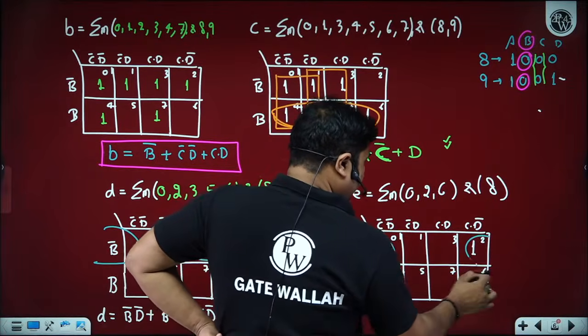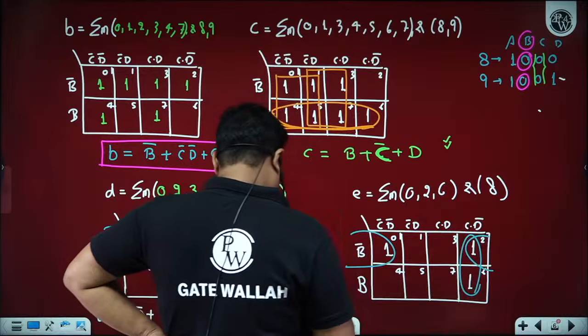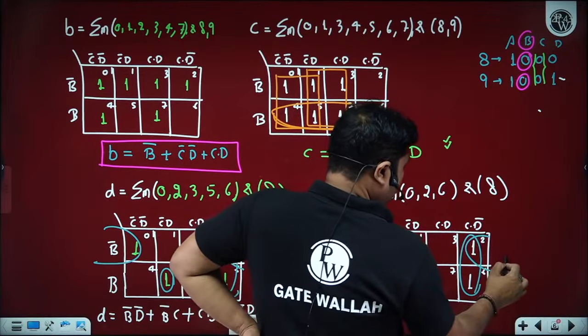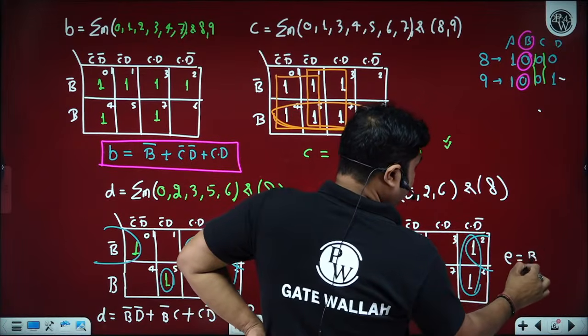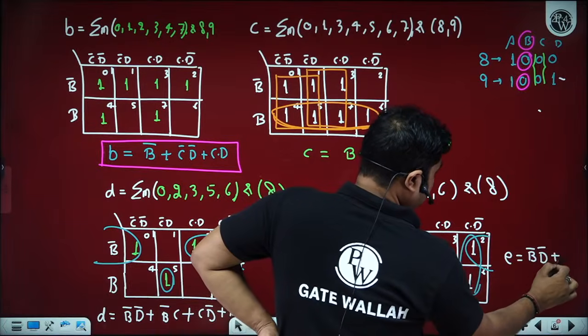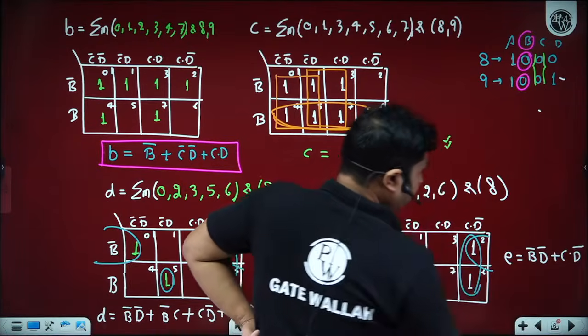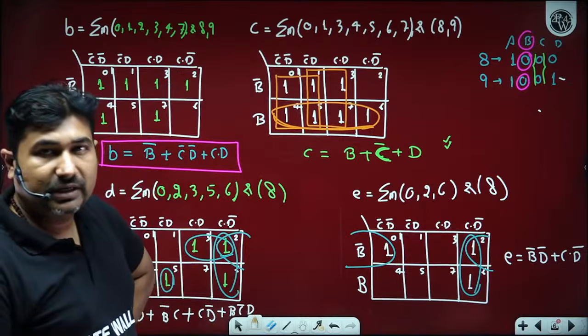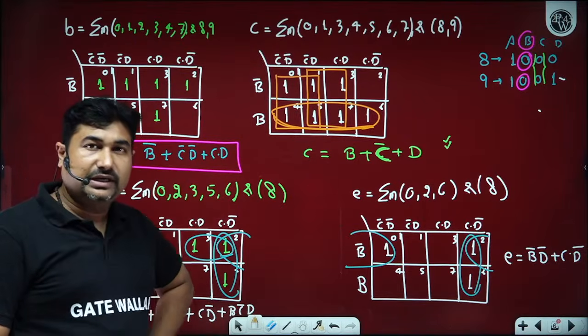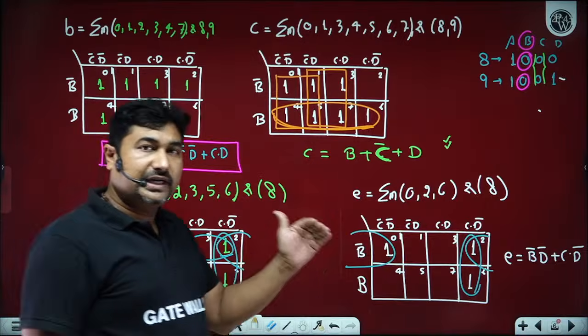Again B bar D bar and C D bar. So for the E logical expression, B bar D bar is sufficient to define 8. C D bar is also defining 9. So we need not take care of the rest, don't care. That is from binary of 10 to binary of 15.